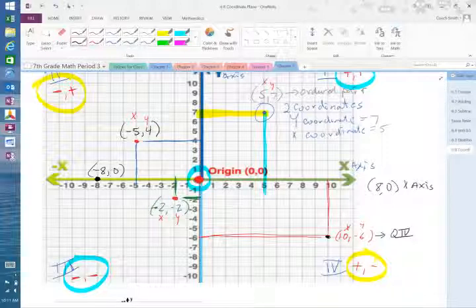So if it falls then on the y-axis, like our point here at -5 on the y-axis, then that would be 0, -5. And that is how you would describe that point, the y-axis.